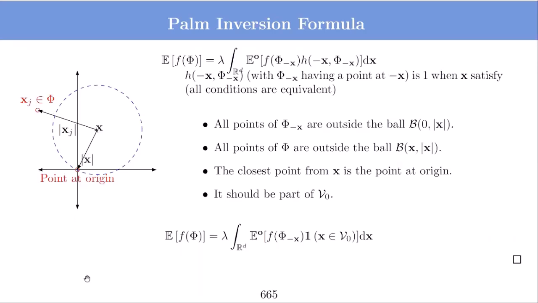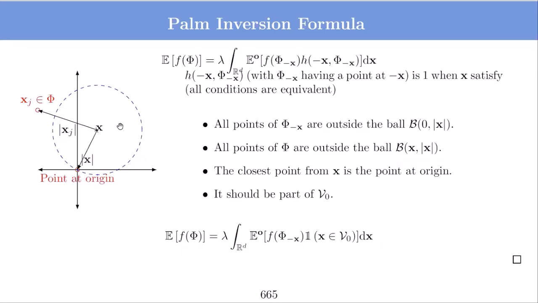There is a point at the origin, and then I shift it so that I make x my new origin. This will be Φ−x, and the original point will be at minus x. What I mean is that if I make this the origin, all points of Φ−x are farther away from the origin than this point.